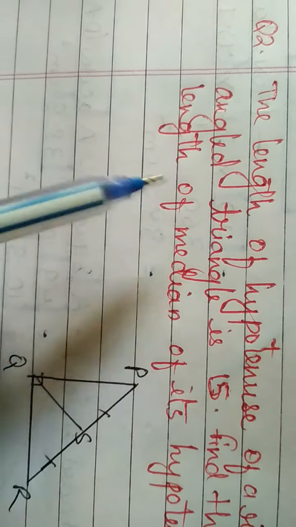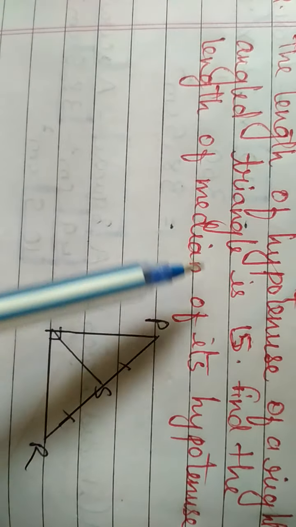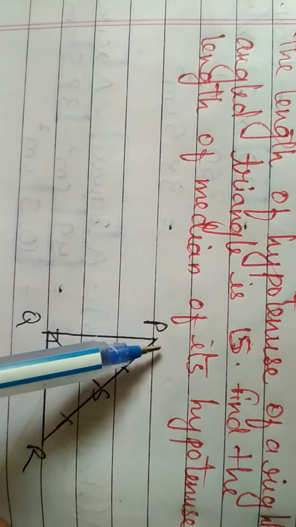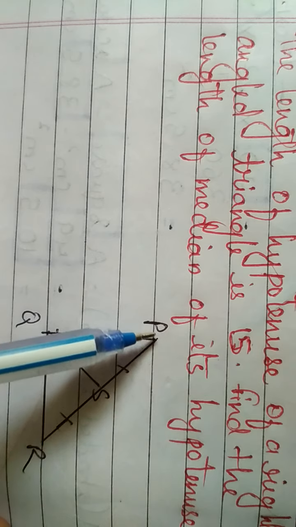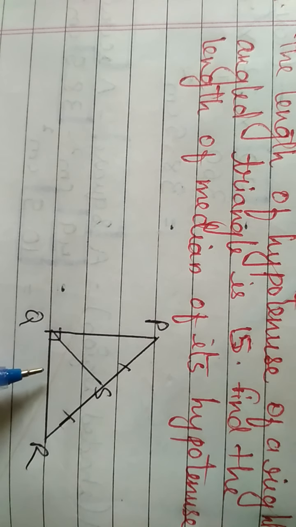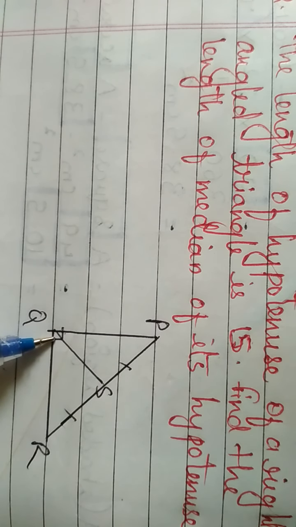Now question number 2: the length of the hypotenuse of a right angle triangle is 15. Find the length of the median on its hypotenuse. The diagram is given: it is a right angle triangle PQR with a 90 degree angle at Q. Here we start the solution.